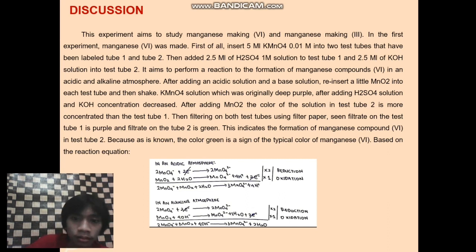Both were filtered using filter paper. The filtrate in test tube 1 is purple and in test tube 2 is green. This indicates the formation of manganese 6 compound in test tube 2, because green is the typical color of manganese 6. Based on the reaction equation, it can be seen in the PPT.